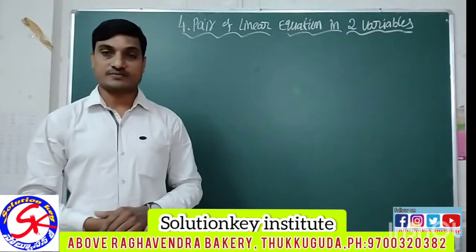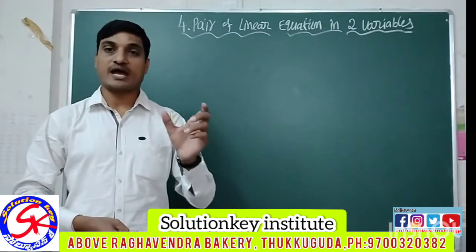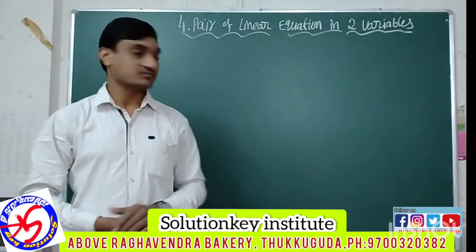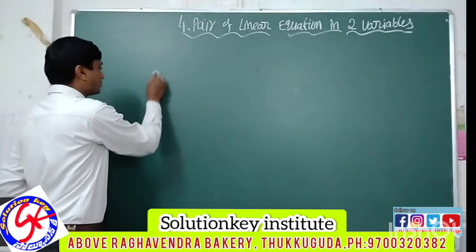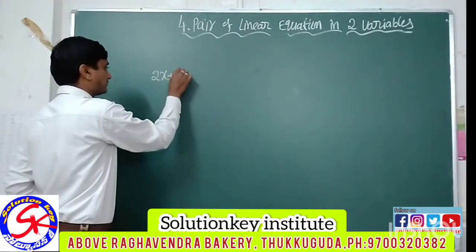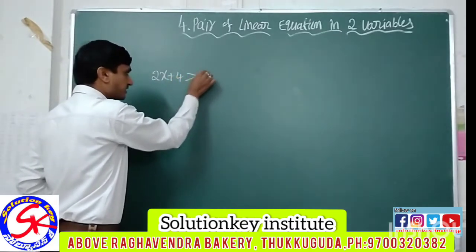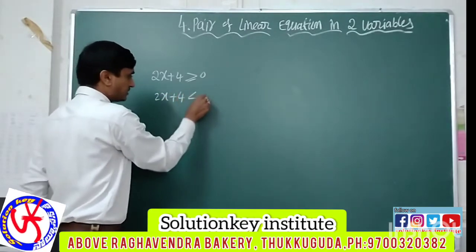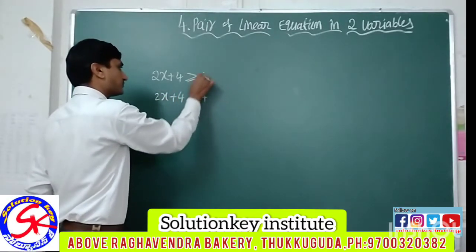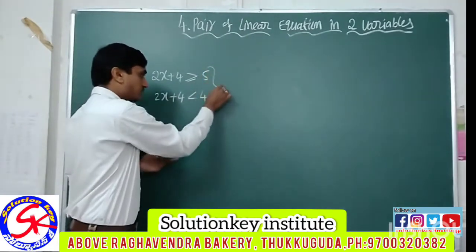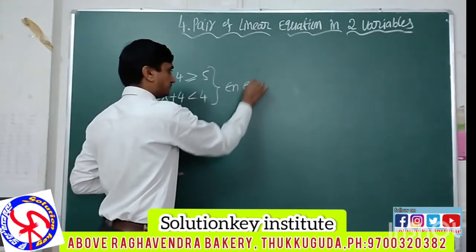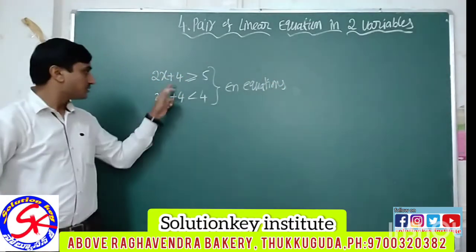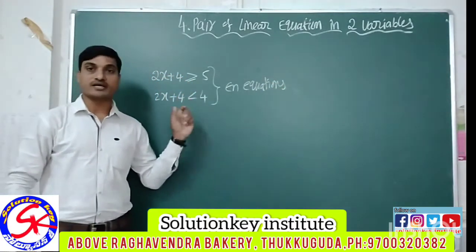Algebraic expressions or algebraic terms having given values, for example 2x plus 4 is greater than 0, or 2x plus 4 is less than or equal to 0, like this are called inequations. These symbols are there in the terms.